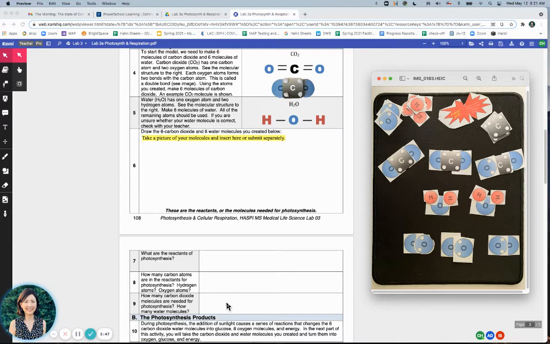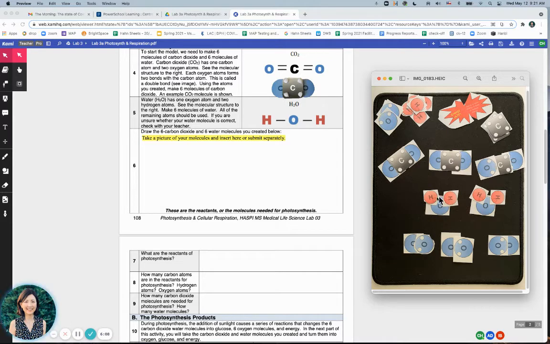Now this one is asking how many carbon dioxide molecules. So this is different. First, question 8 is asking how many atoms, so how many individual oxygens and how many individual carbons. But this one is asking how many molecules of carbon dioxide and how many water molecules.